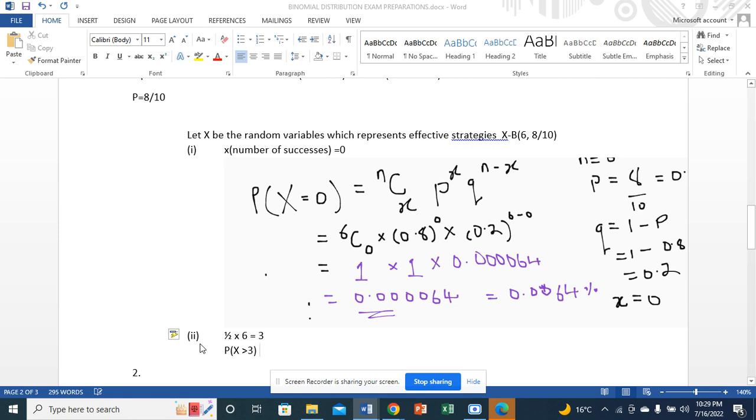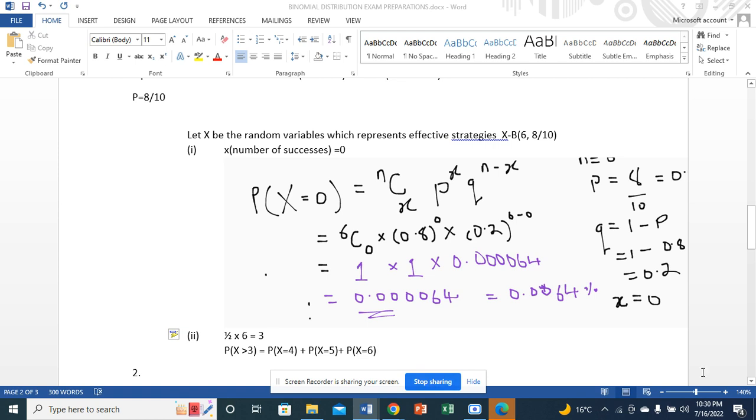So this would be equivalent to the probability that the fourth marketing strategy is effective, P(x equals 4), plus the probability that the fifth marketing strategy is also effective, P(x equals 5), plus the probability that the sixth marketing strategy is effective, P(x equals 6).